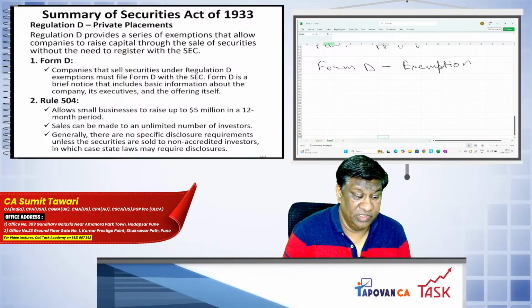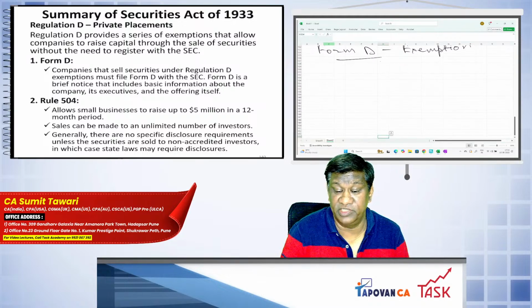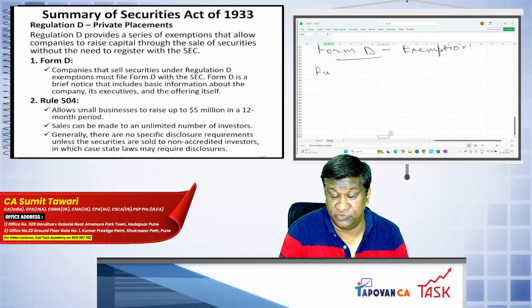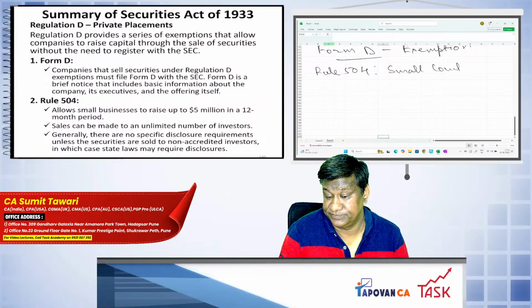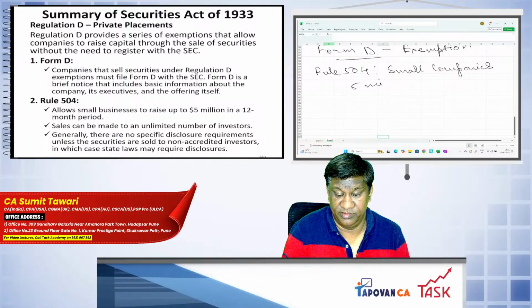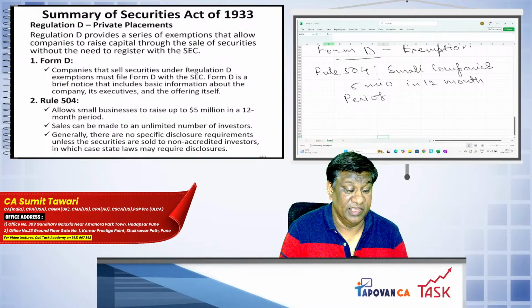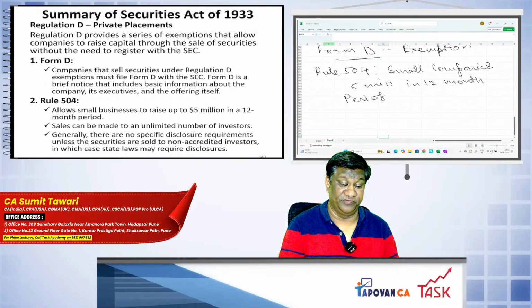Rule 504, for small businesses, so that you need to keep in mind. One is Form D you need to file, and then as per Rule 504, this is for small companies. Okay, it allows small businesses to raise up to 5 million in a 12-month period. Okay, sales can be made to an unlimited number of investors.